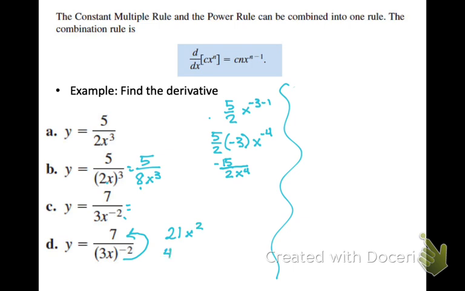So that gives me 42x. Correct? Oh, wow. Okay. So the whole point of this was these look horrible, but were any of them really that bad? No. So when we see one, we need to write it down and say, what can I do to make this easier to work with? Got it?